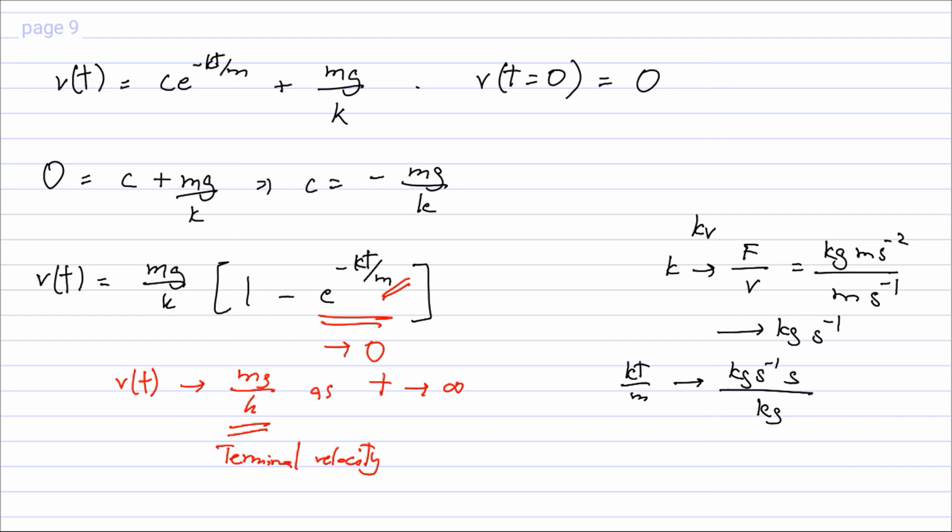So you get dimensionless, right, which is exactly what you expect. Finally you have mg over k. What's the dimension of that? That should be dimensions of velocity. So that has dimensions of kg, and g is acceleration, so you have meter per second square divided by k, which is kg per second. So kg cancels, and you have meter per second, exactly what you expect.